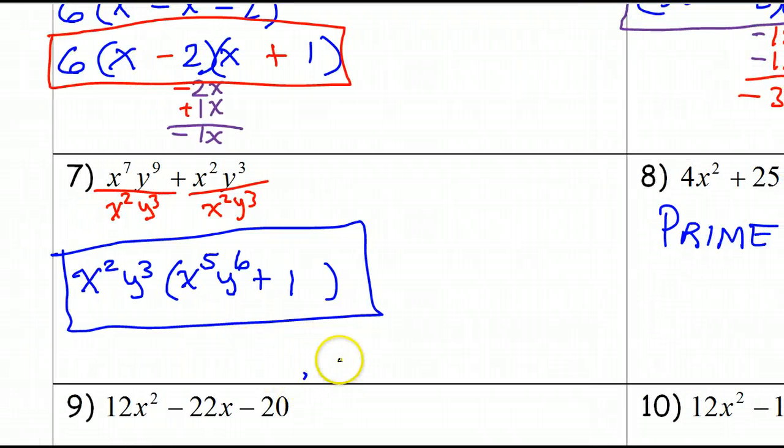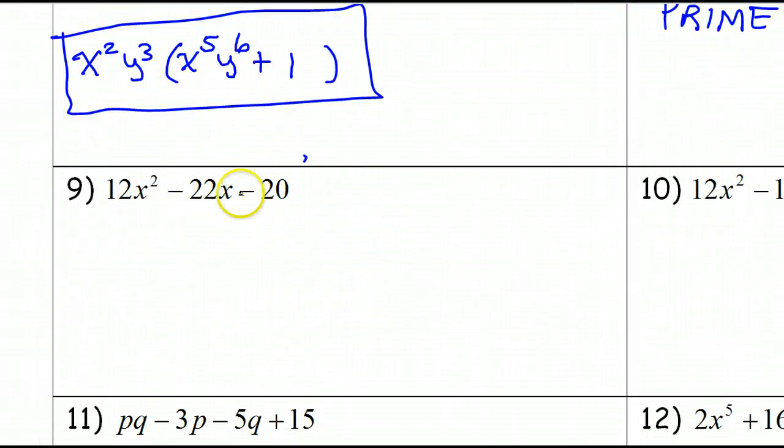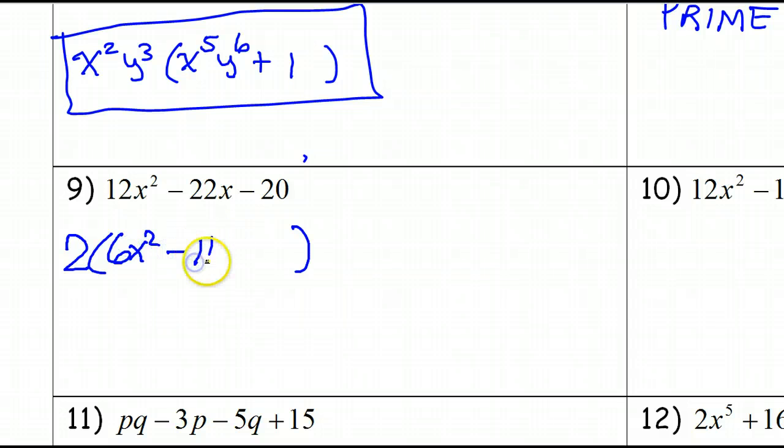Alright, number 9. GCF. They are all even. So I will pull out a 2. And that will leave 6x squared minus 11x minus 10. Alright? Now I will keep going.